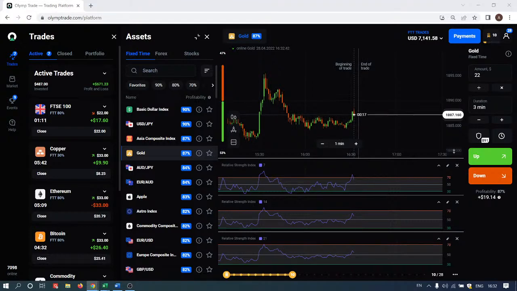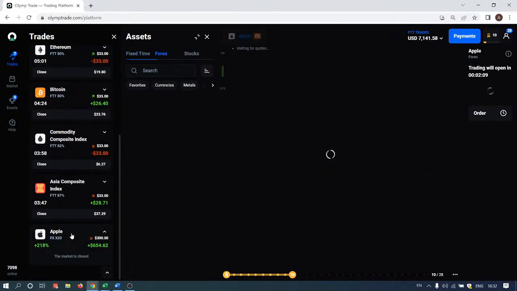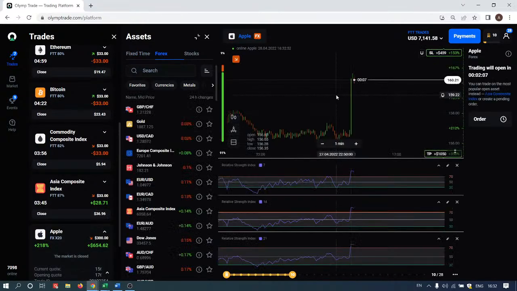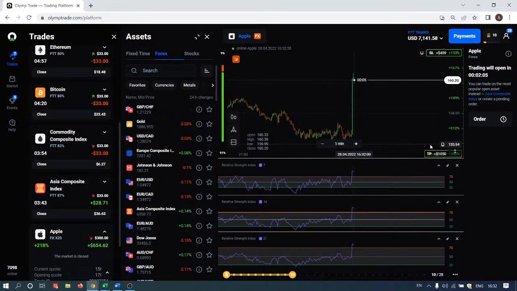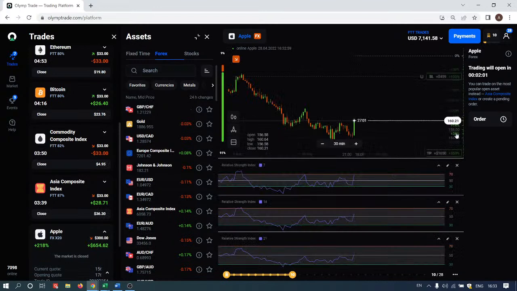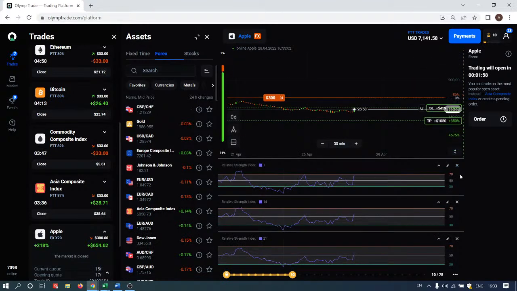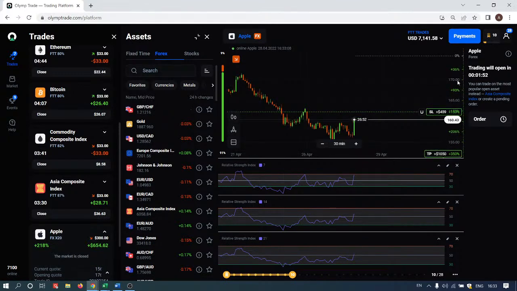Once you show the Apple forex that you invested, I'm okay with that. If you want to see my Apple trade here, okay, so I opened this trade. I'm still maybe being a little bit too optimistic, and I'm expecting like a plus 350% rate of return here, but at least it's like plus 153.